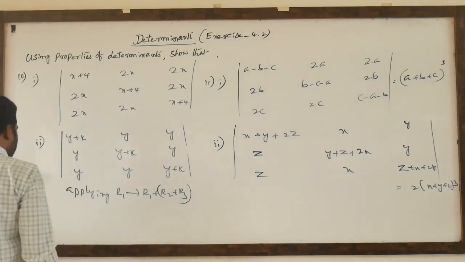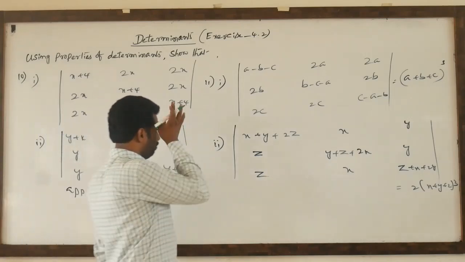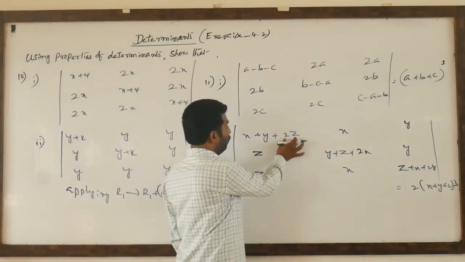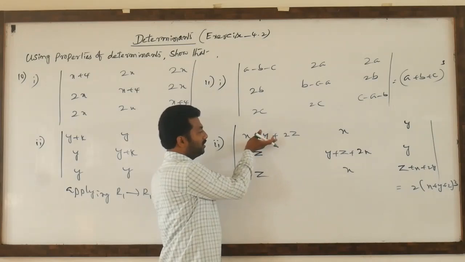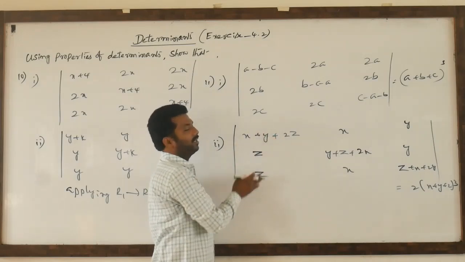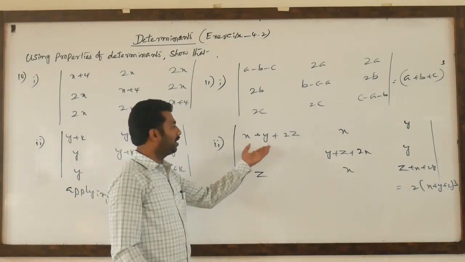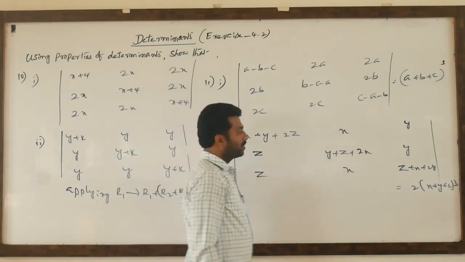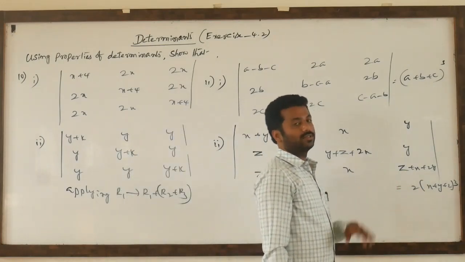Now you have to observe. Suppose 2z is already there. If I apply R1 changes to R1 plus R2 plus R3, it is no use, 4z will come. But we need 2 times the x plus y plus z terms.